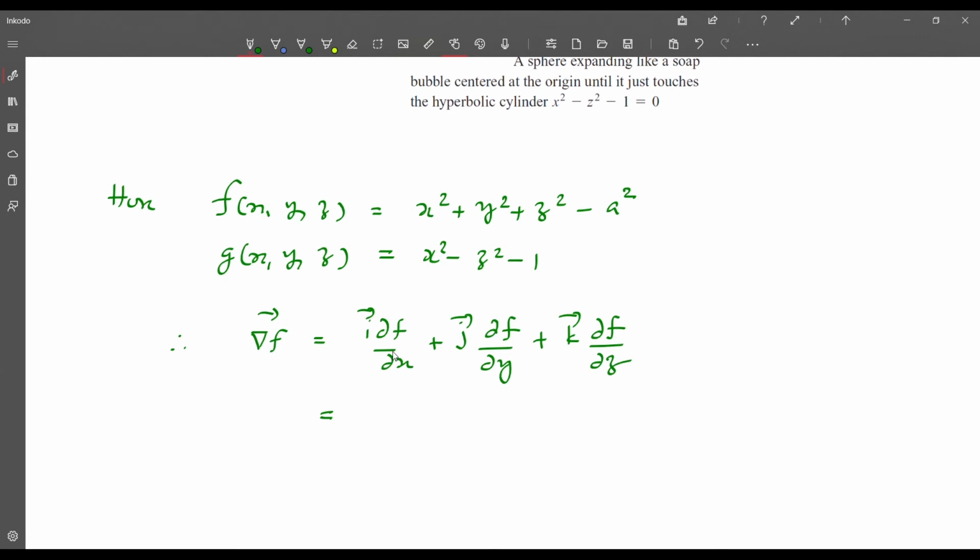So this is 2x i plus 2y j plus 2z k. This is del f, and del g is i into dou g by dou x plus j into dou g by dou y plus k into dou g by dou z, which is equal to 2x i plus 0 j minus 2z k.